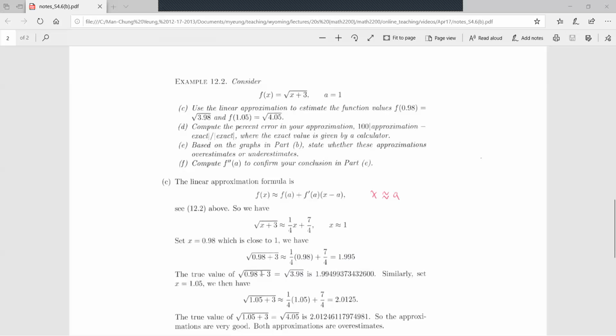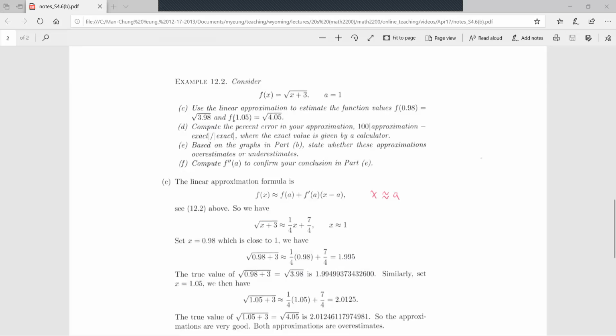Let's compute the exact value of this square root by calculator. This is the exact value. Now compare the estimate to the exact value. We can see that they are very close. But still, the estimate is slightly larger than the exact value. In this case, we say that the estimate is an overestimate.